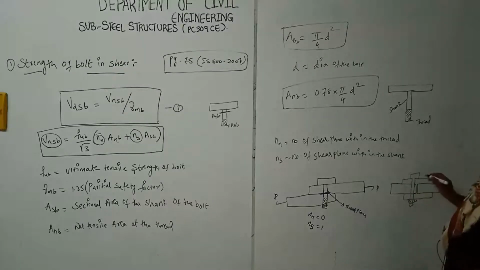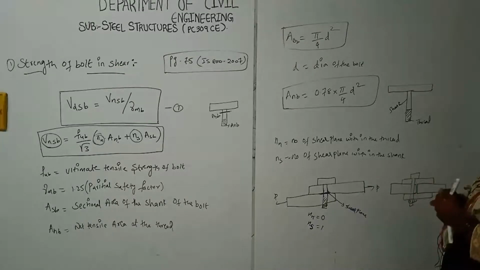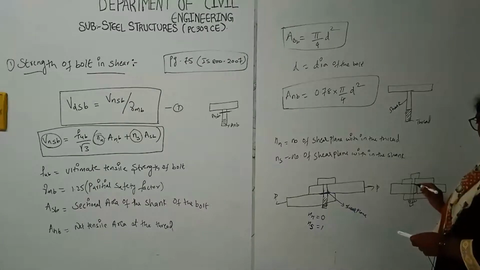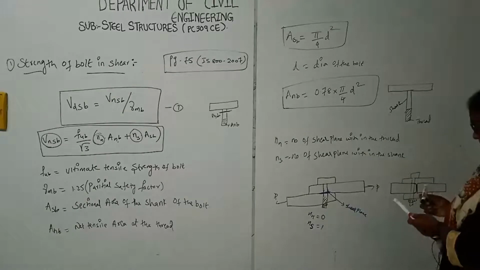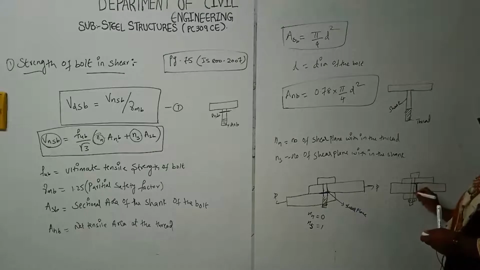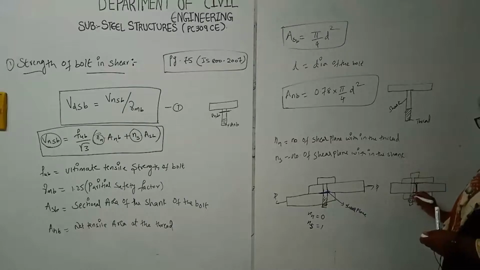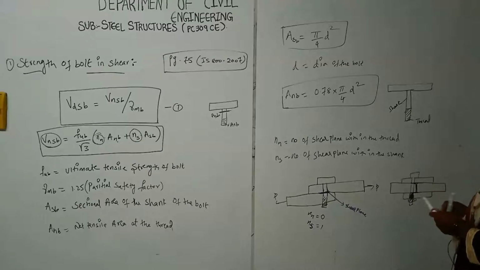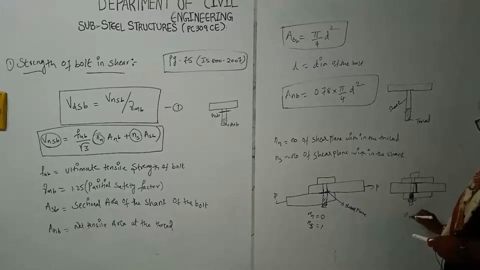So here, how many shear planes are there? Here you have one shear plane, and here also. So what is NN and what is NS?